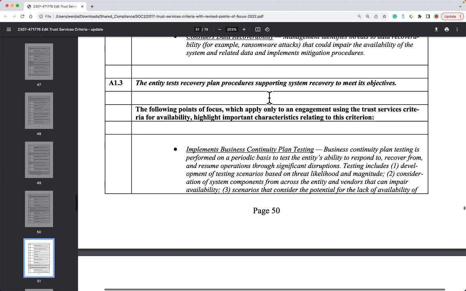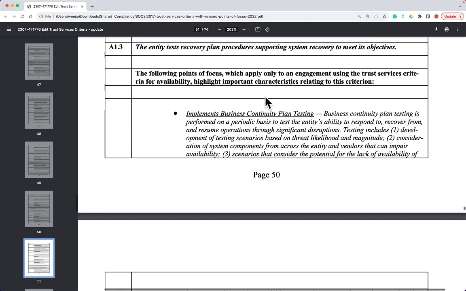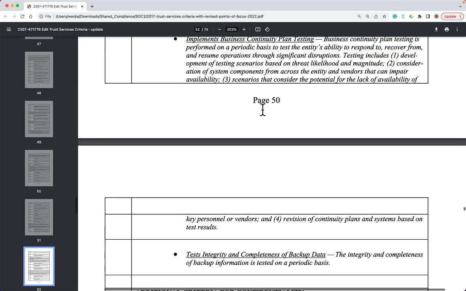But before we truly experience a big attack, where we're going to have to use the whole recovery system, we have to have some tests done.